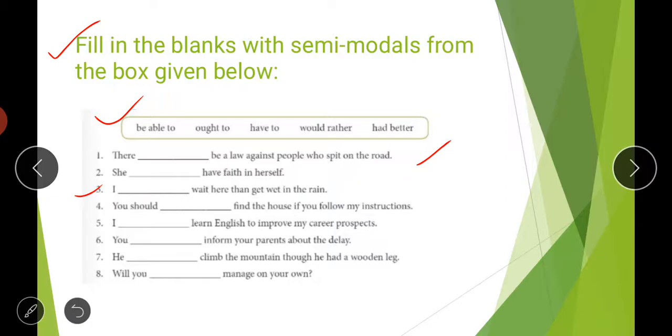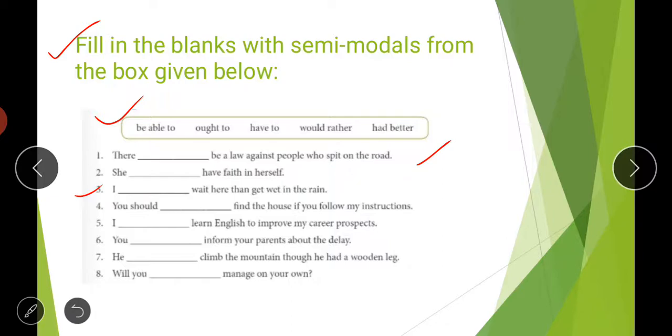You should be able to find the house if you follow my instruction. Then fifth is, I dash learn English to improve my career prospects. I have to learn English, so it's a must. Again we are giving emphasis, that I have to learn English to improve my career prospects, because English is very important, as you know.